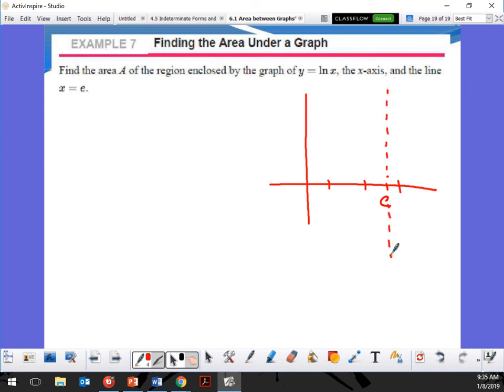Okay. And y equals ln x, region enclosed. So there's the graph of ln x. Something like that.